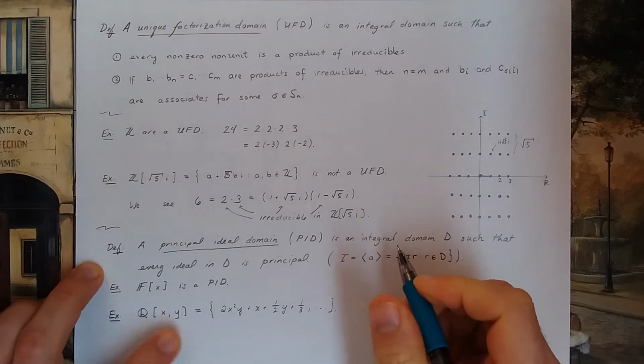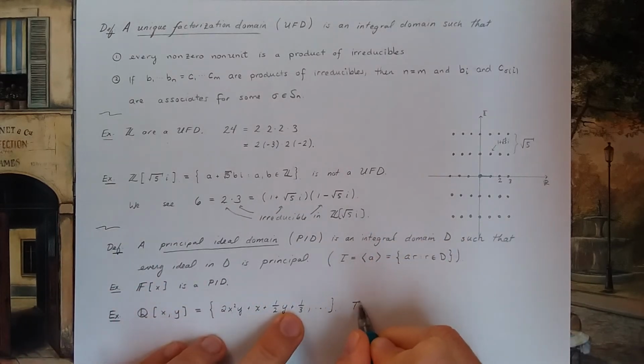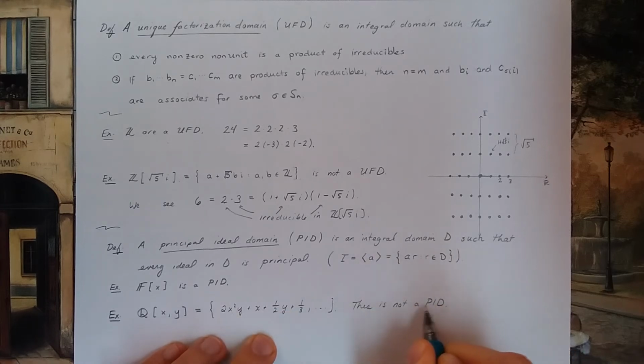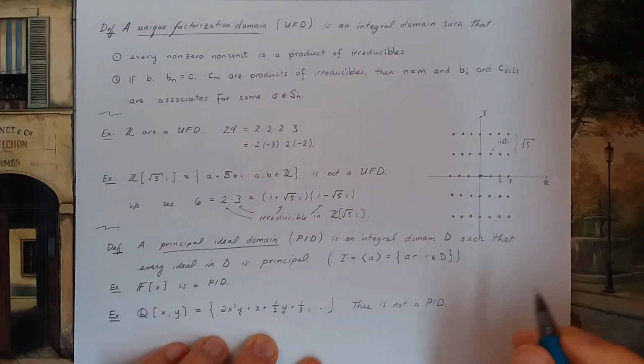I claim this is not a principal ideal domain. Now, to show you that it's not a principal ideal domain, I need to come up with an ideal in the ring that's not principal.